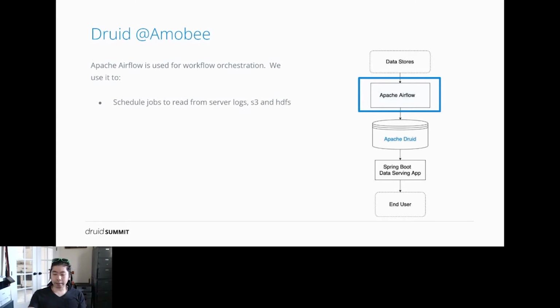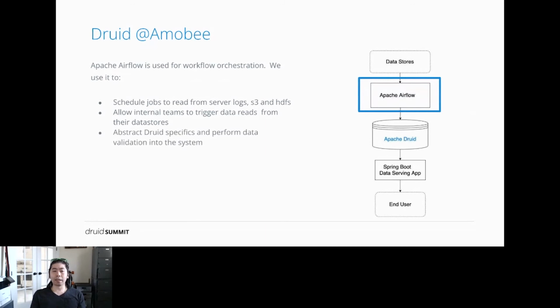We also need to ingest into Druid as soon as data appears, so Airflow has an API that other teams can call when data is made available, allowing them to trigger our ingestion process.